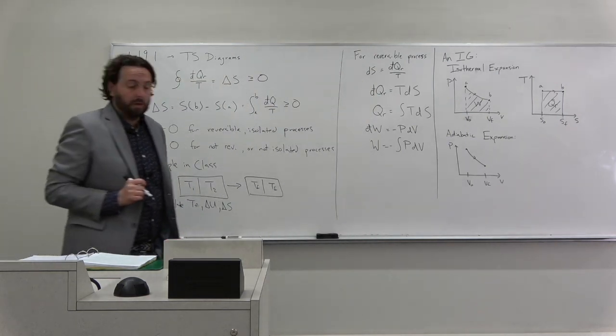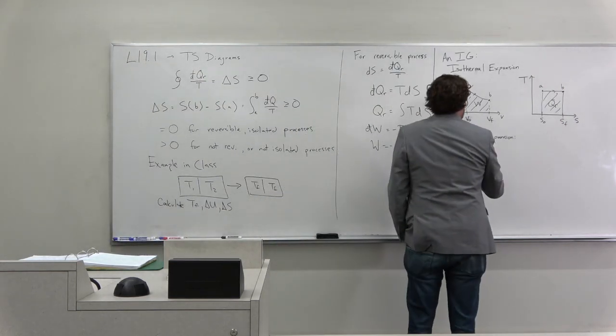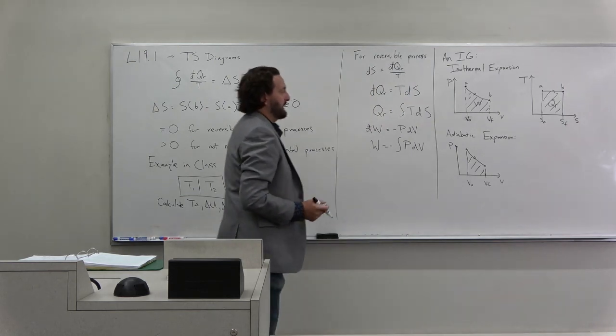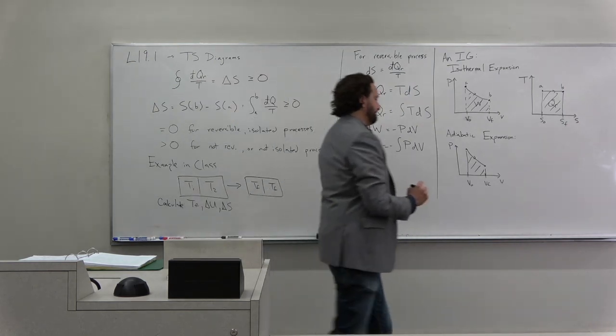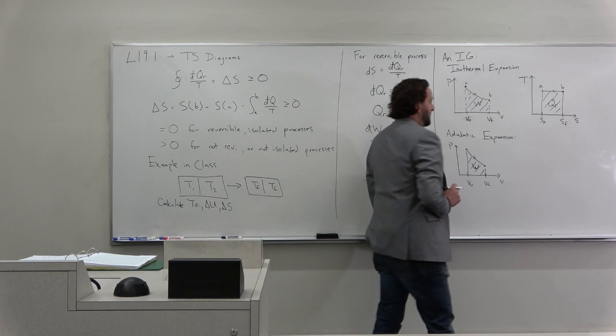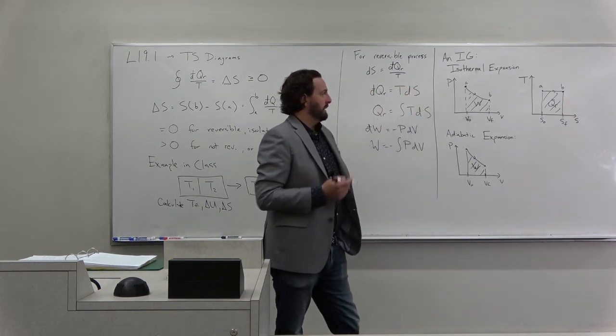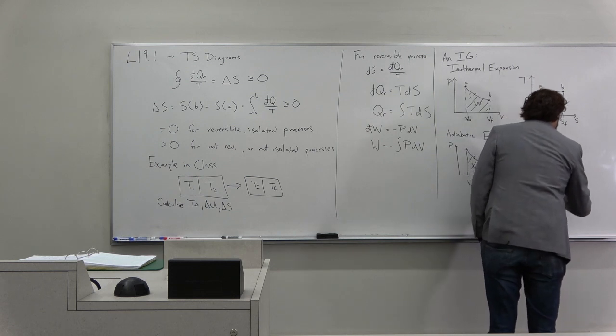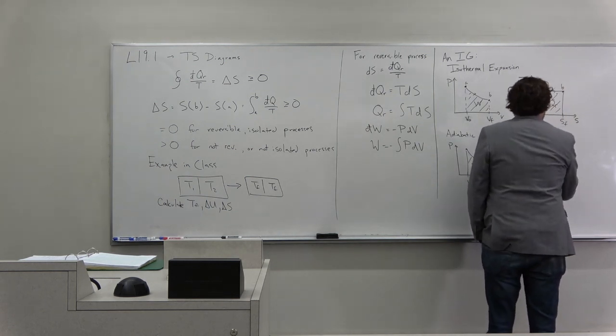Remember? So the work in this process looked like that. Okay, so you might think, oh, adiabats and isotherms are pretty similar, right? Well, on a PV diagram, but on a TS diagram, they really couldn't be more different, right?